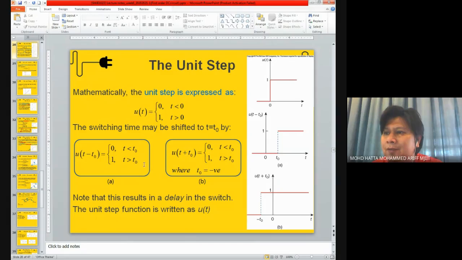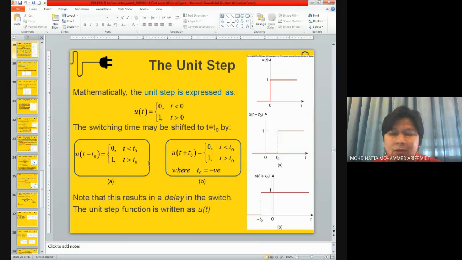And if we have a shifted response, where the unit step itself is shifted either towards the positive side of our time or the negative side of our time, this is how we write down the equation of the unit step.